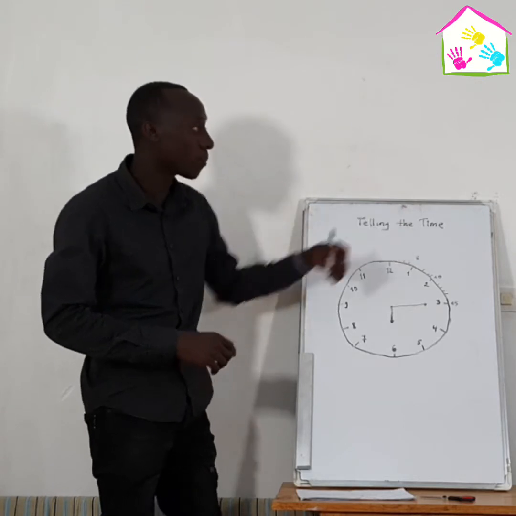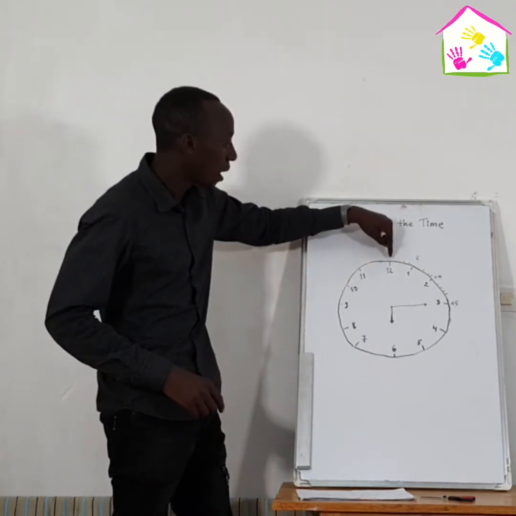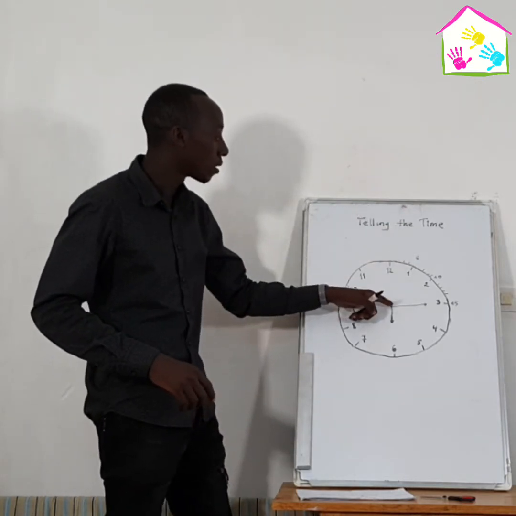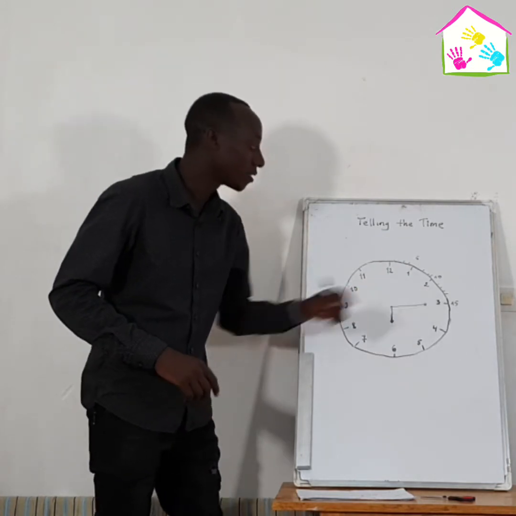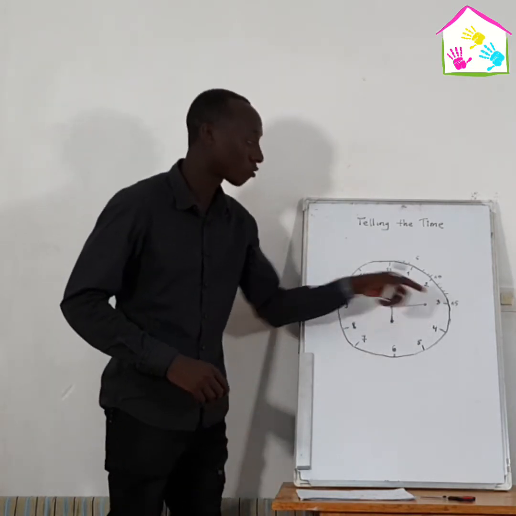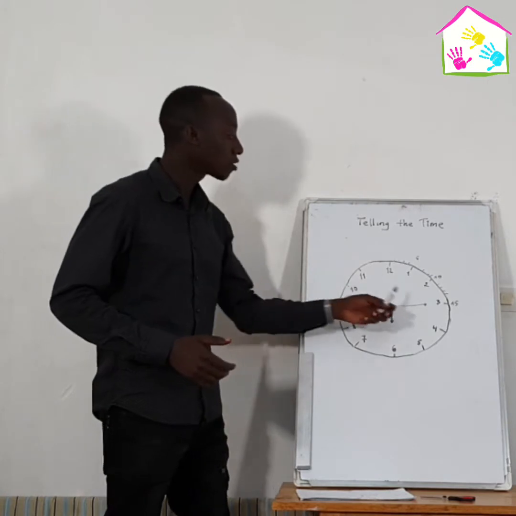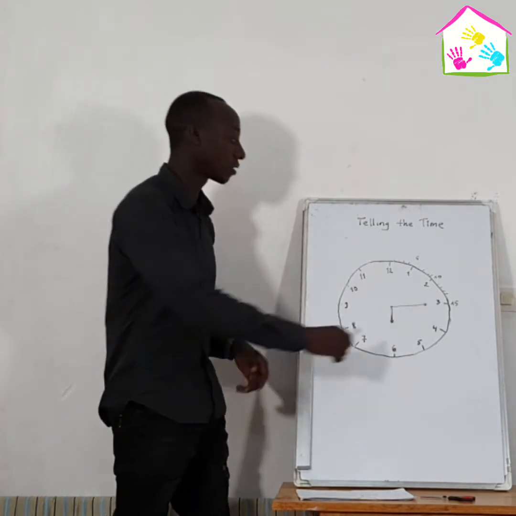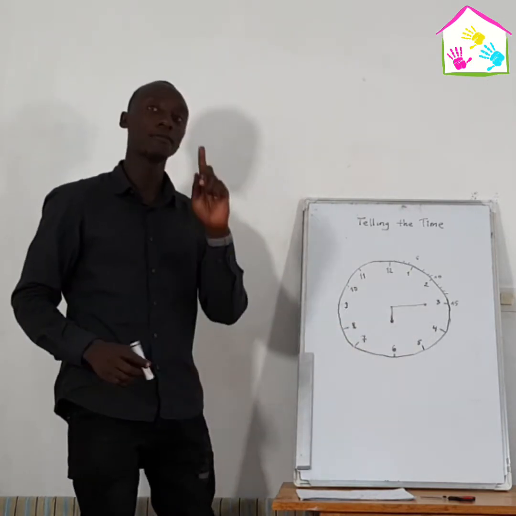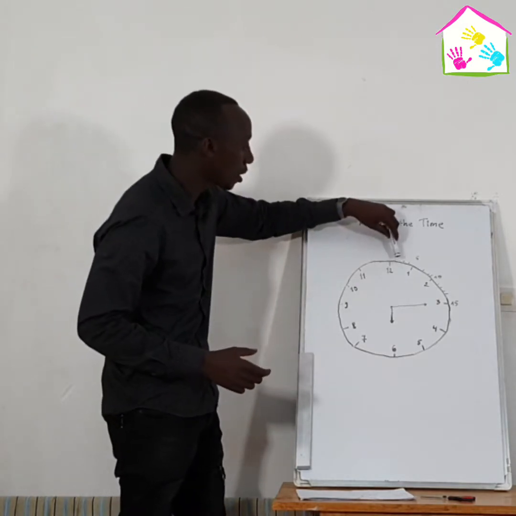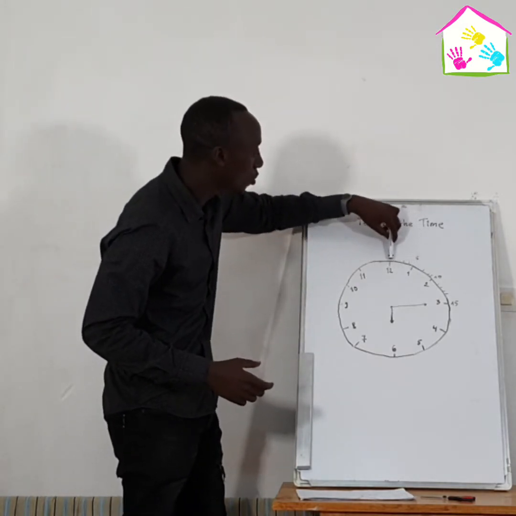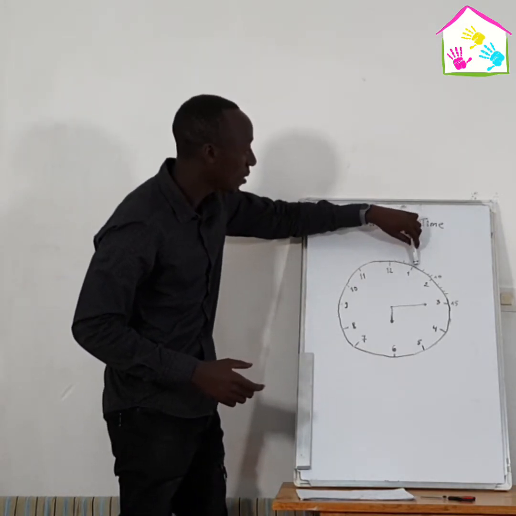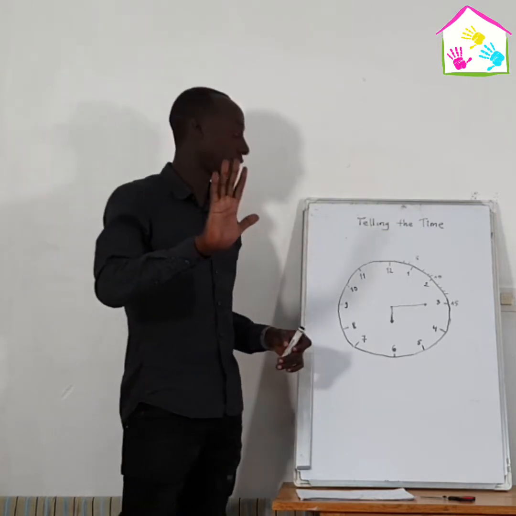For example, we have the long hand pointing at 3. This long hand for minutes points at 3. And I have told you that between these two numbers there are 5 minutes.